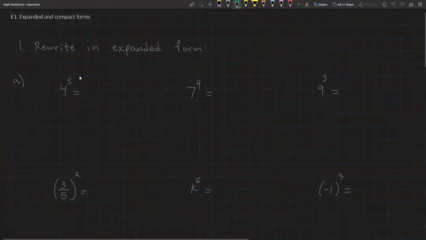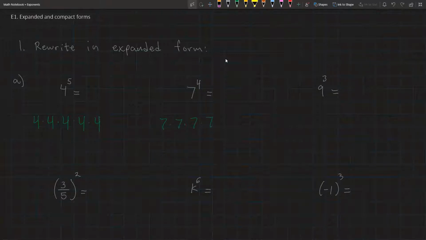If you remember x squared, when we were doing quadratics, the exponent was always 2. So let's rewrite this one as 4 times 4 times 4 times 4 times 4. That's all that this is representing. 4 multiplied by itself 5 times. All right? Therefore, what does this one represent? It means a 7 multiplied by itself a number of 4 times.